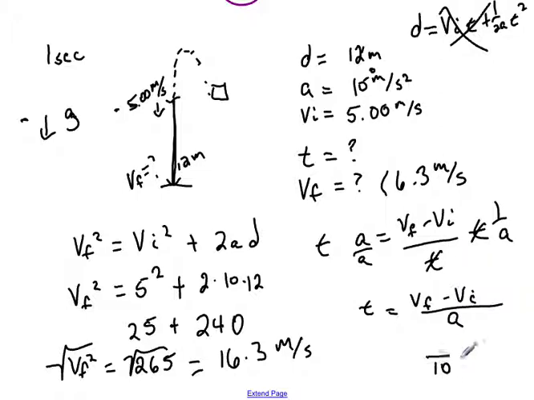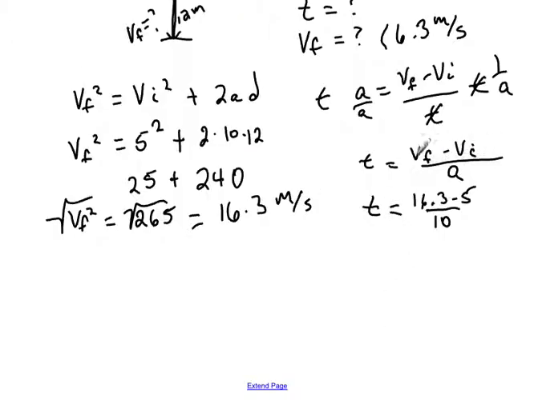In this case, it's positive 10. VF is 16.3 minus my VI of 5. T equals all that. Okay, so now we got 11.3 divided by 10 equals time. So the time is 1.13 seconds.